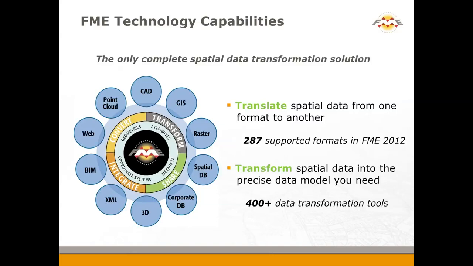Around that idea of the different spatial contexts we work with, what we need to be able to do is transform the data from one place to another so that we get the best out of that data. That's a large part of the functionality of FME, the transformation tools that allow you to get the best out of the data in the different spatial contexts that you work in.